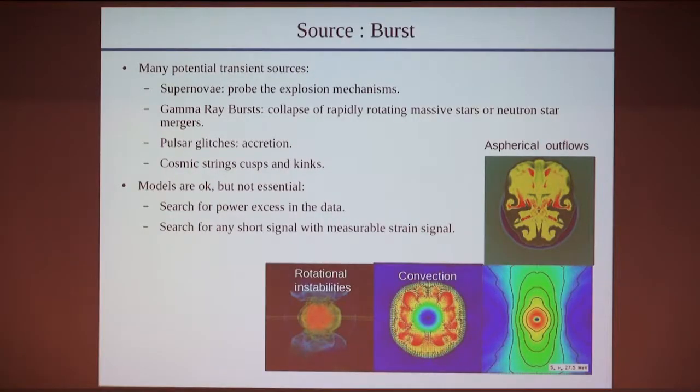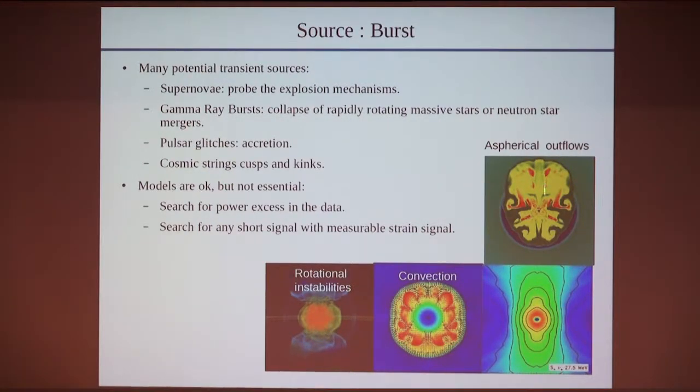Another source that was mentioned is core collapse supernova. What's very important with this source is that gravitational waves will allow us to better understand what's happening during the collapse.